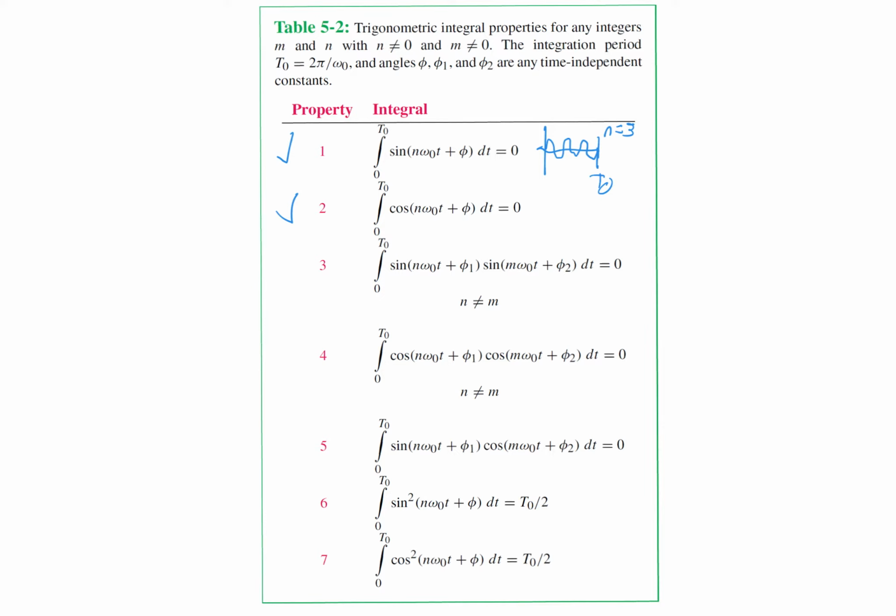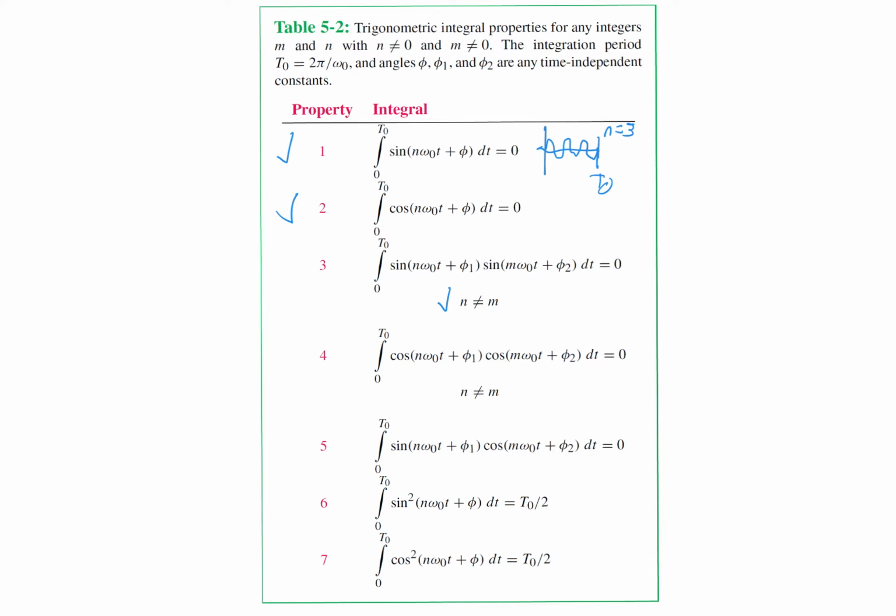Notice that property 3 applies when n and m are different numbers. So we are using different multiples of the fundamental frequency here. We have 2 sine waves being multiplied together, and they are at different multiples of the fundamental frequency. What's going to happen when we do this is that we are going to get positive and negative areas perfectly canceling out, and this will always happen when the frequencies are different.